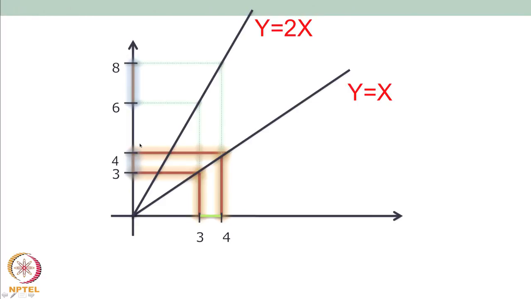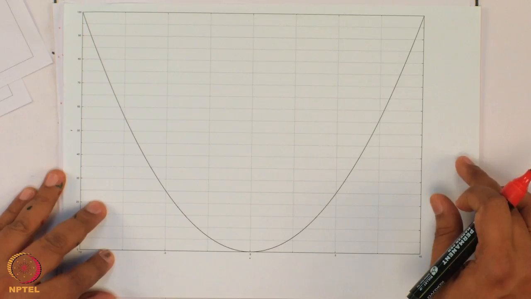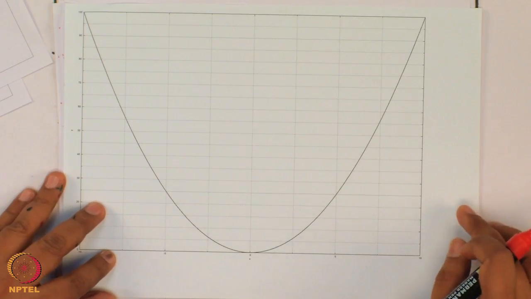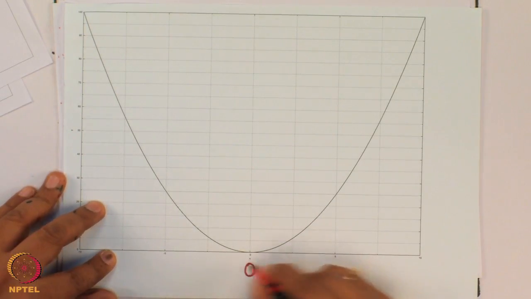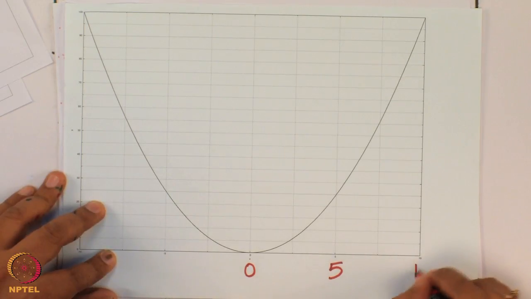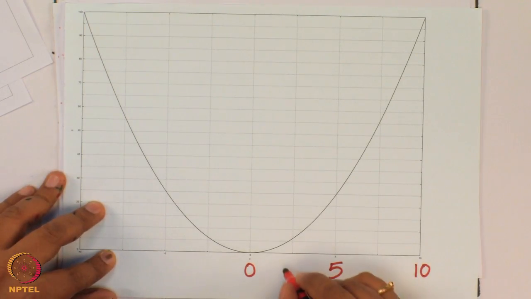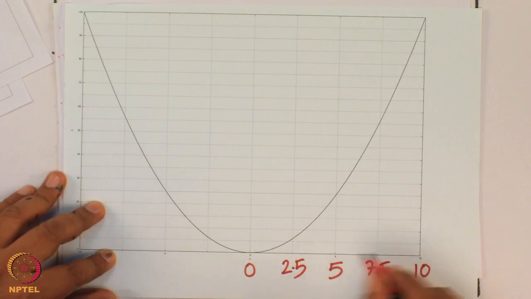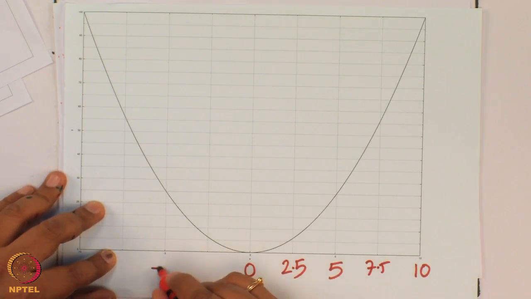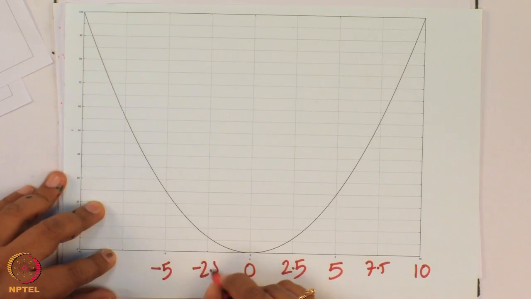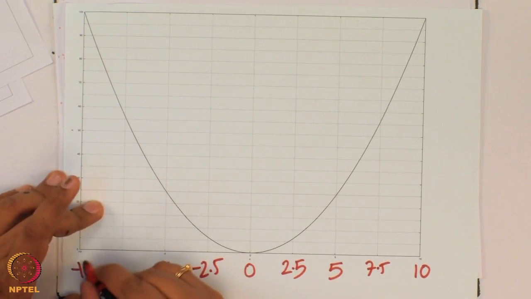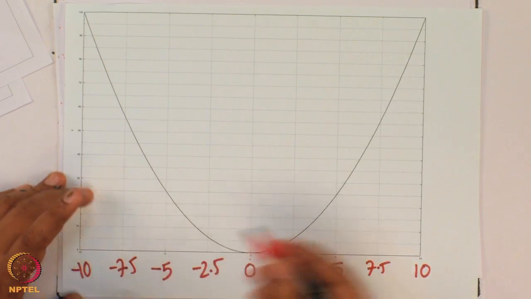Now we want to quickly understand this for a curve. So instead of a straight line, if you consider a curve, think of a curve like this. I have here 0, 5, 10, and in between 2.5, and this is 7.5, and this is minus 5, minus 2.5, minus 10, minus 7.5.